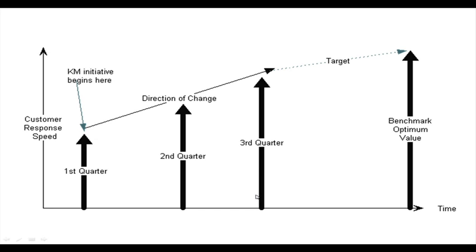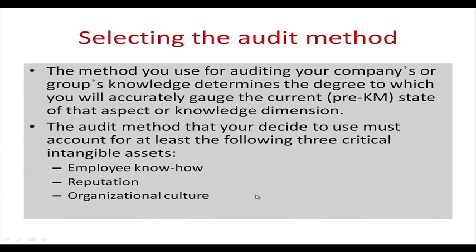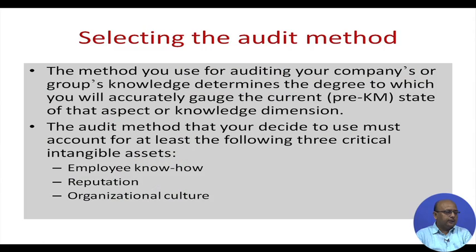Then, in the third stage, you are going to select the audit method. When I am talking about selecting the audit method, you have to see how you are going to do it. It could be based on employee know-how, the reputation of the organization, or you also look into the culture of the organization.